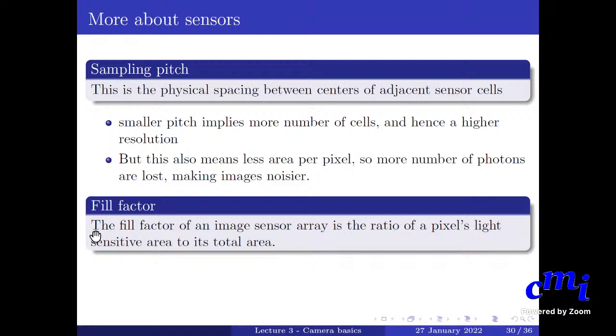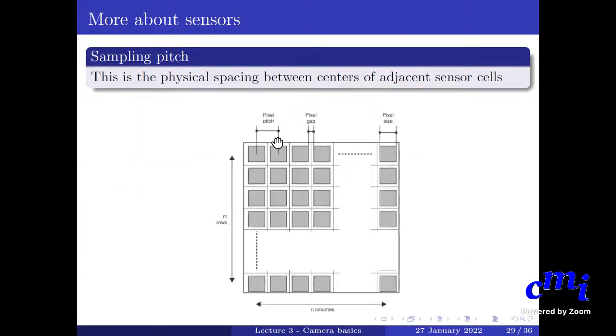There is also something called the fill factor. The fill factor of an image sensor is the ratio of a pixel's light sensitive area to its total area. So the total area is the total area of the sensor, and the light sensitive area is the area out of this that is covered by photosensitive diodes, or these cells.